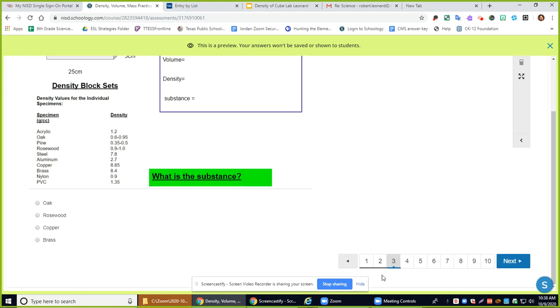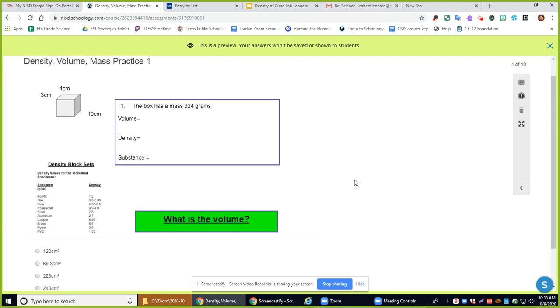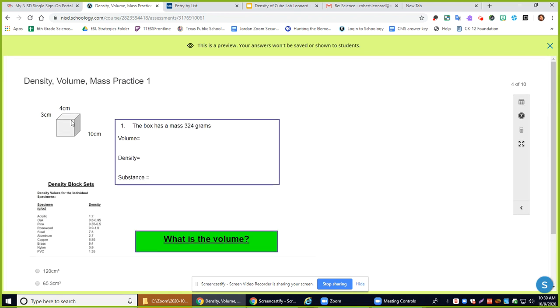Okay? That is basically 1, 2, and 3 is basically problem number one. You just solved one problem, but there were three answers you had to give for problem number one. Then I go on, and here's problem number two. Here's my new cube. I would solve the volume, density, and substance before I even answer the question.